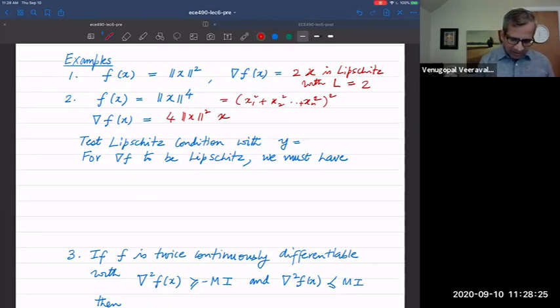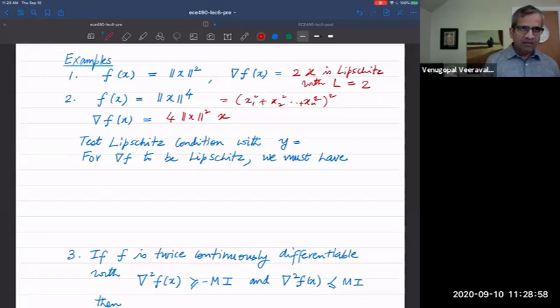All right, so now let's test to see if this gradient is Lipschitz. You can guess that this is not going to be Lipschitz. I will actually prove a sufficient condition for checking whether a gradient is Lipschitz in just a minute, but you can guess that maybe this is not going to be Lipschitz, okay?